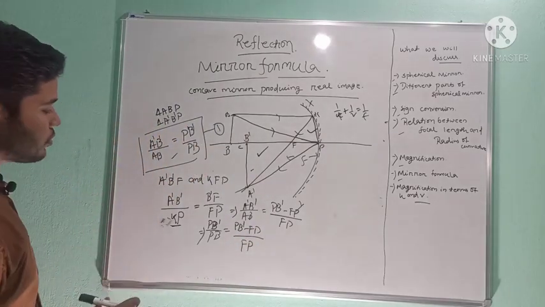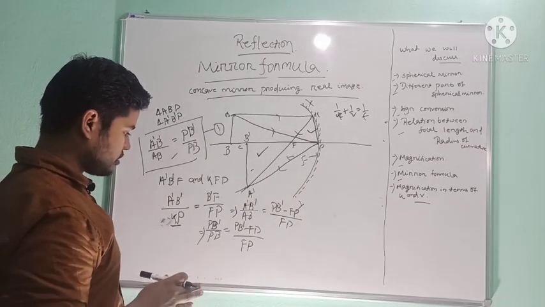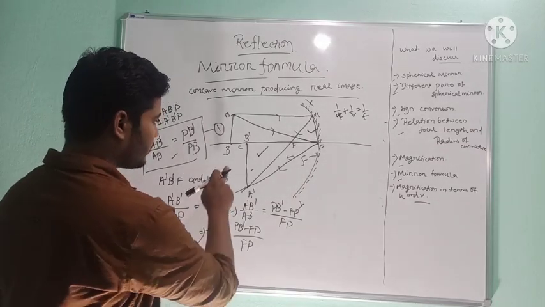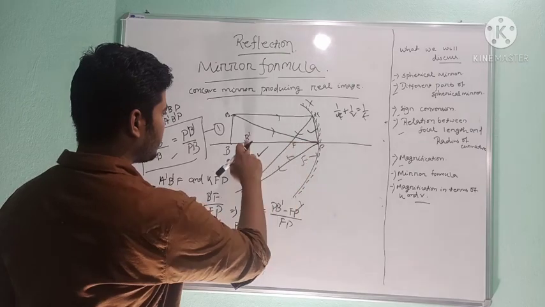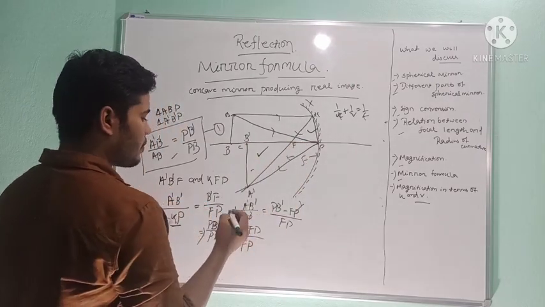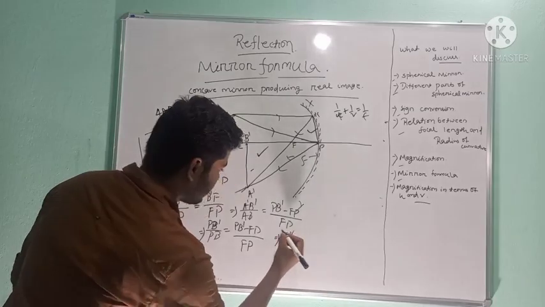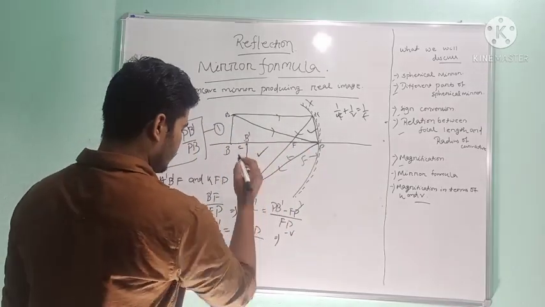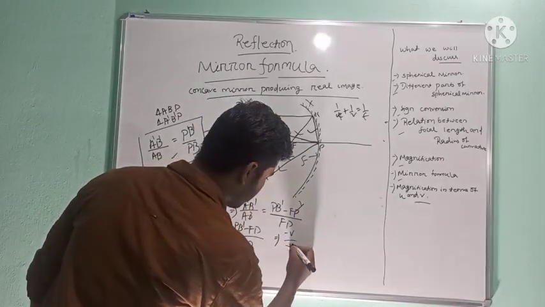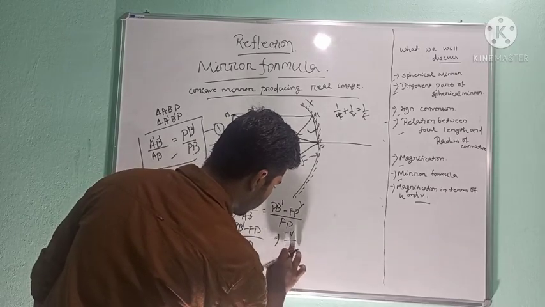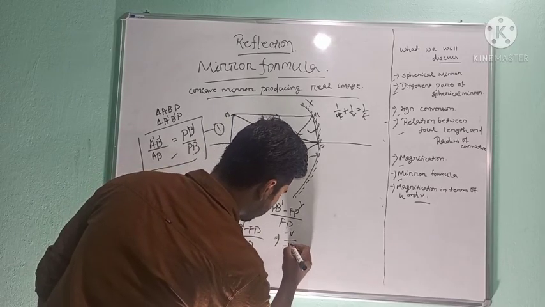Now we have to go to the sign convention. PB dash is minus V, and PB is minus U as they are on the left side.